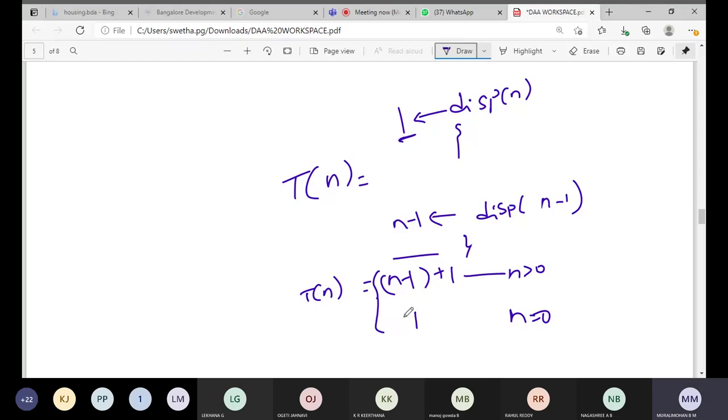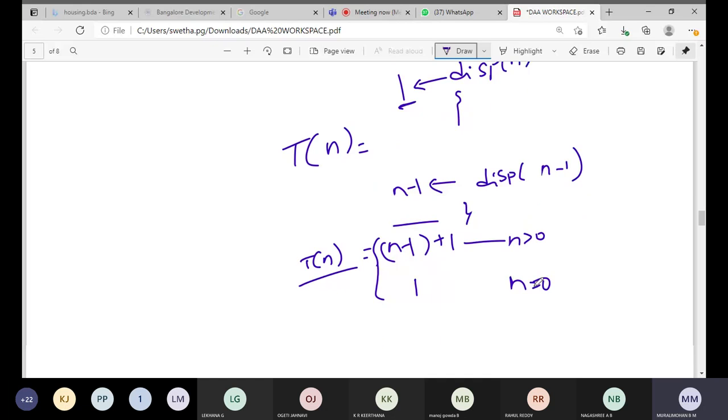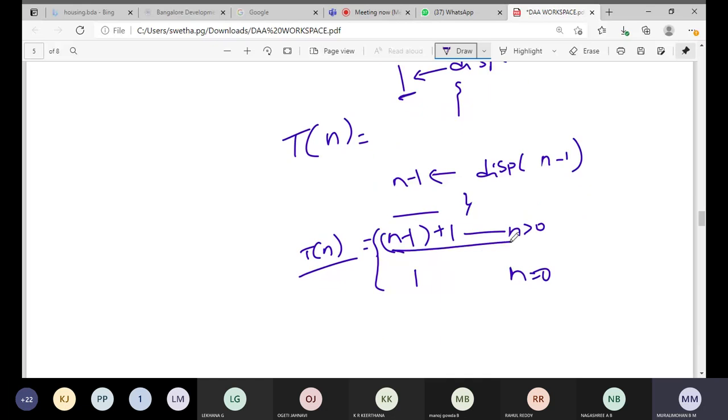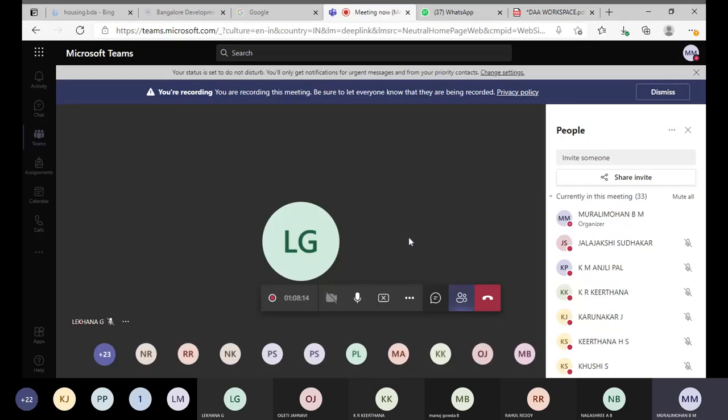So this is how we will build the recurrence relation. So T of n is equal to n minus 1 plus 1 if n is greater than 0, and 1 if n is equal to 0. Later, after that, we solve this recurrence relation. Clear? Is it clear? Yes, sir.